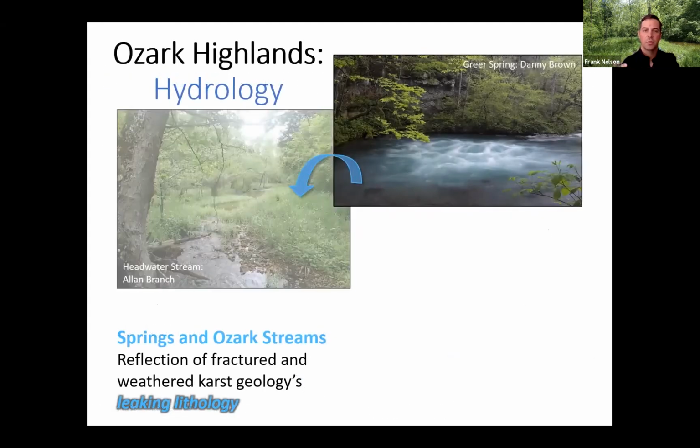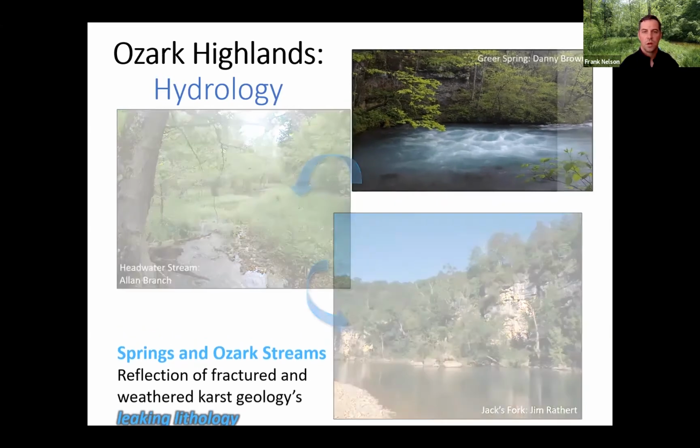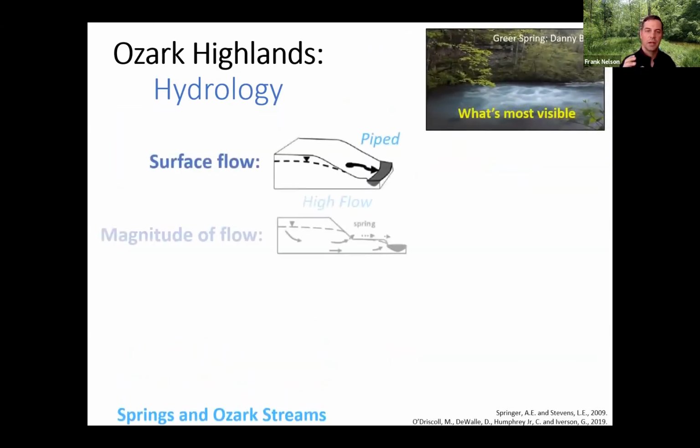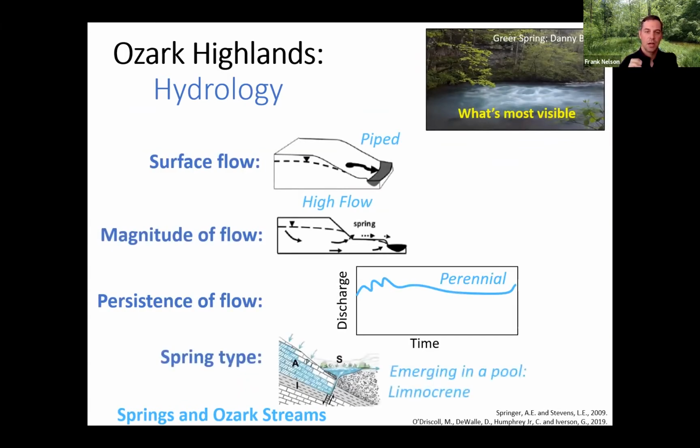Now, when we're thinking about the Ozark highlands and their hydrology, the springs and Ozark streams are really a reflection of our leaky lithology. Oftentimes we think of high discharge springs, with pipe discharge, high flow, perennial, and the spring type would be like emerging in a pool, or limnocrene.